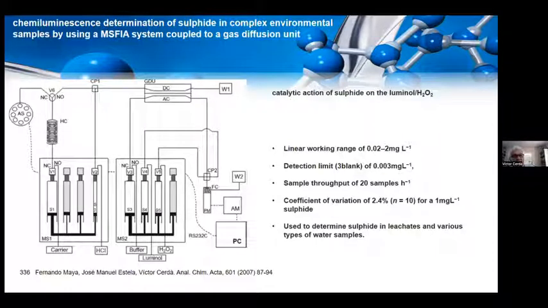This is sent to a gas diffusion cell where a Teflon tape is placed between two methacrylate blocks. The hydrogen sulfide may cross the Teflon, and this is accepted and sent to a chemiluminescent flow cell.